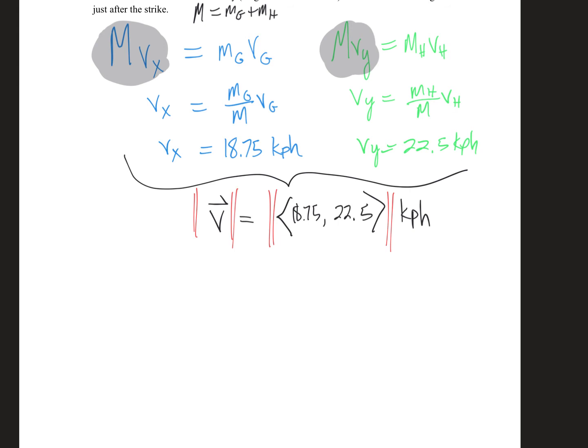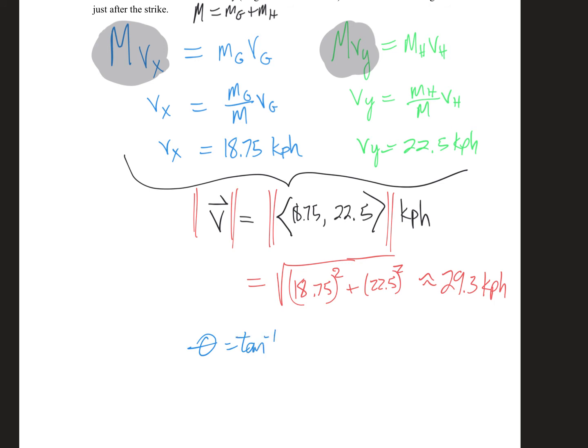So that's going to equal the square root of 18.75 squared plus 22.5 squared, and that's going to be 29.3 kilometers per hour. And then the angle is going to be the inverse tangent of vy over vx, and so that's going to be roughly 50.2 degrees.